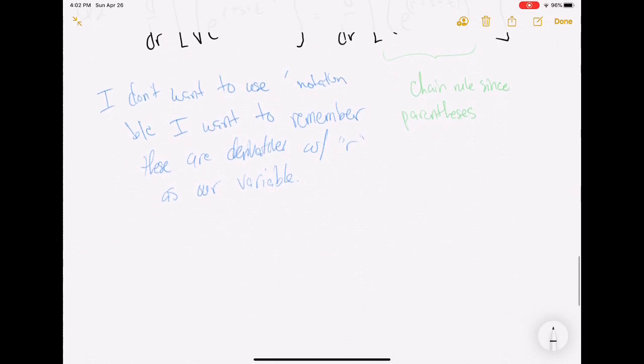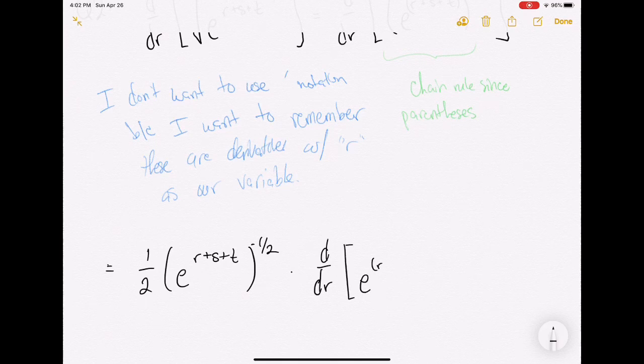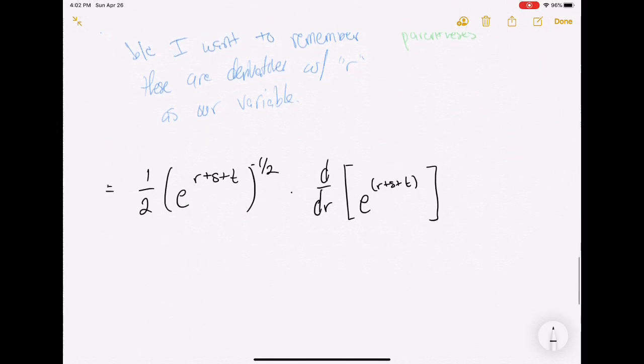But let's use the chain rule here. Derivative of the outside is 1/2. Keep the inside the same. Or derivative of the outside is that, right? It's the power changes to a minus 1/2. Keep the inside the same. Multiply by the derivative of the inside. e to the r plus s plus t.